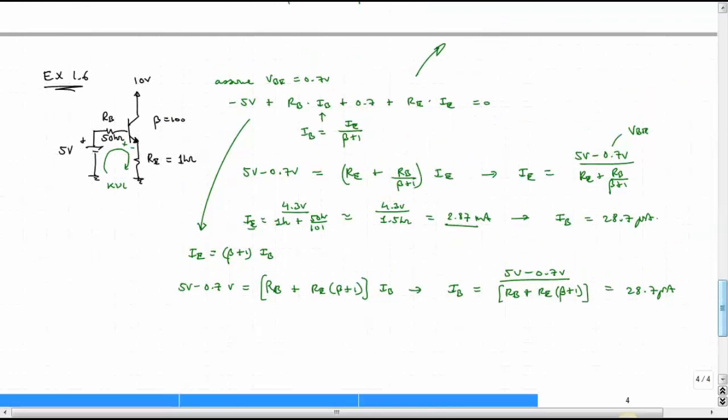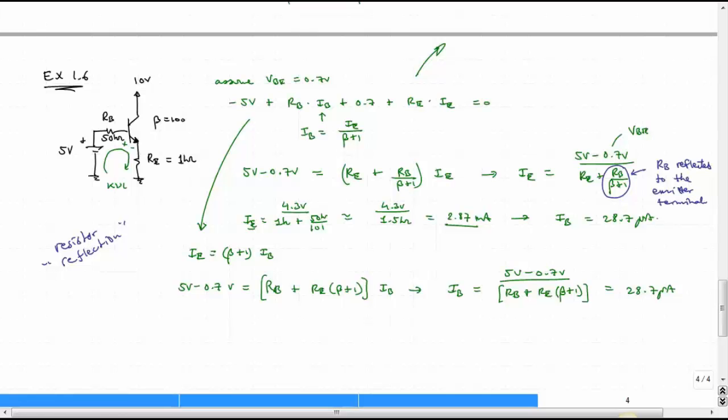Now there are some important observations we can make from this, and that is the idea of resistor reflection. In the first case up here, this is RB reflected to the emitter side, or emitter terminal.